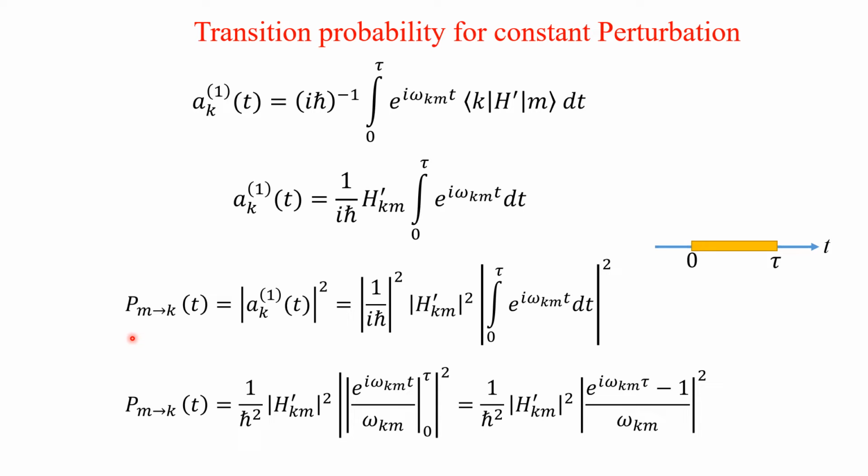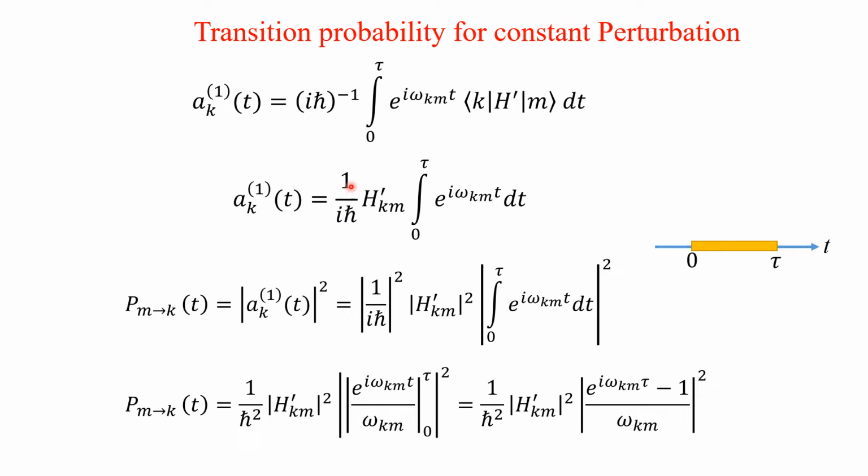So the transition probability for the particle moving from the mth state to the kth state, that is, initial state to final state, which is a function of time, is equal to the modulus square of this probability amplitude.